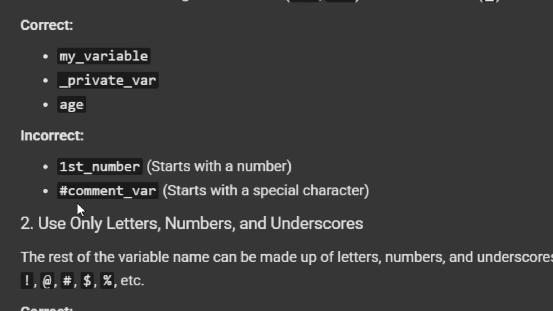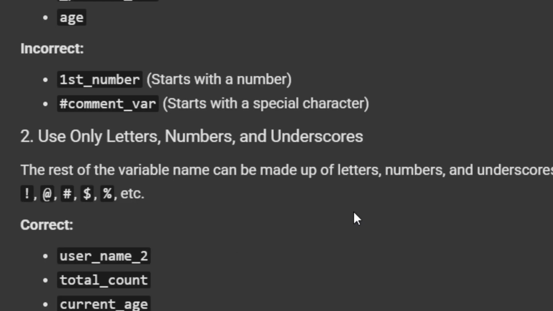Also, you cannot start your variable name with any special character. Python guidelines do not allow us to use any special character like exclamation mark, @, $, or any kind of special character in the variable name.